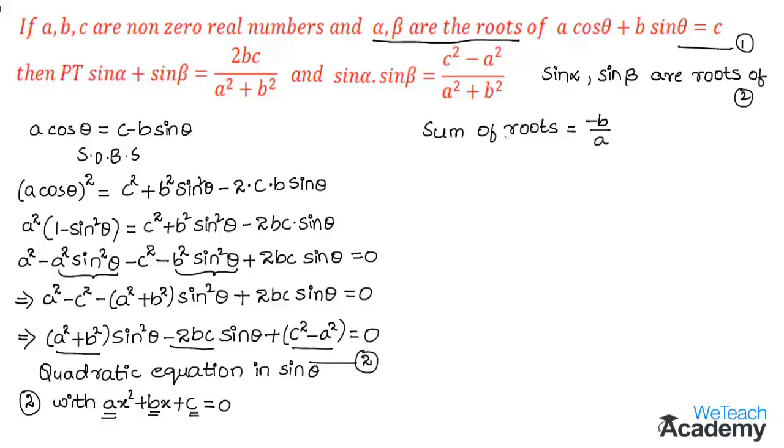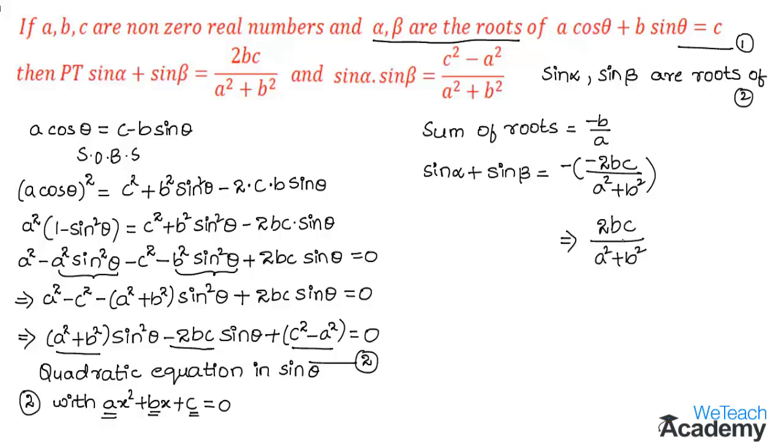So by using this formula, we can find the value of sin alpha plus sin beta, which will be equal to minus b, that is minus of the value of b, which is minus 2bc, divided by a, which is a square plus b square. So that implies we get minus of minus, which is plus 2bc divided by a square plus b square. So hence we proved that sin alpha plus sin beta is equal to 2bc divided by a square plus b square.